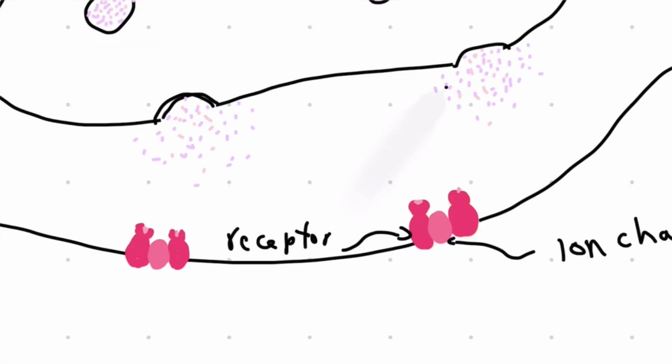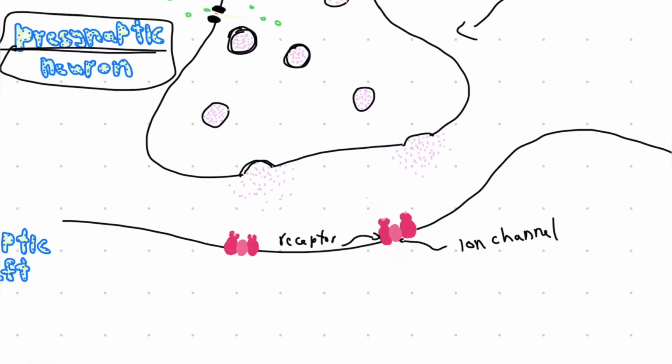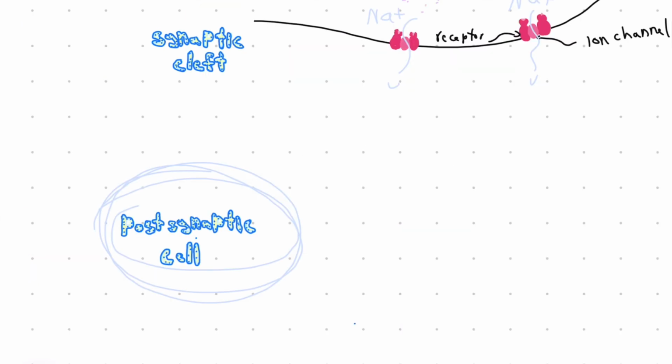The neurotransmitters move through the synaptic cleft and bind to these receptors. They just bind to the receptor; they do not enter the neuron. It causes sodium ions to enter the neuron, and this causes the generation of an action potential in the postsynaptic neuron.